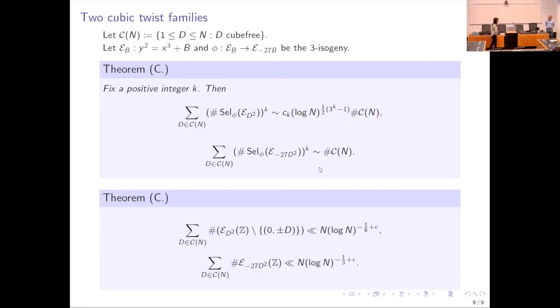If you restrict to the d's where the primes are all 1 mod 3, then you should get something finite. It's only because the contribution is from the primes that are 2 mod 3.